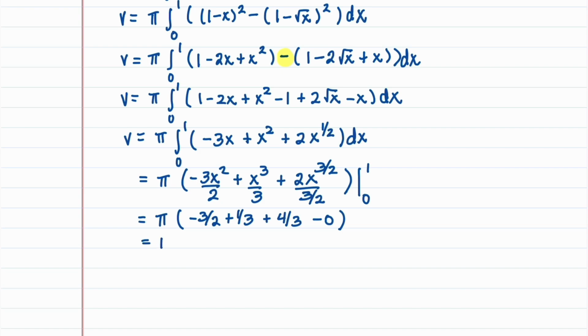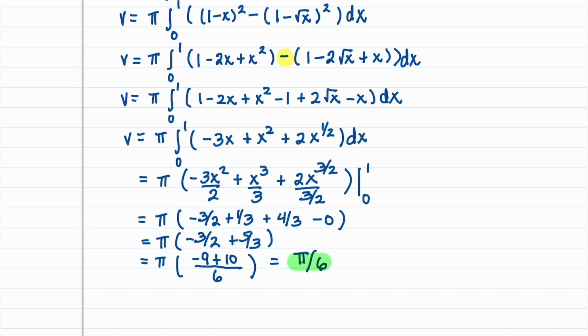This is equal to pi times minus 3/2 plus 5/3. Let's get a common denominator of 6. So this is a minus 9 plus 10, which leaves us with an answer of pi divided by 6.